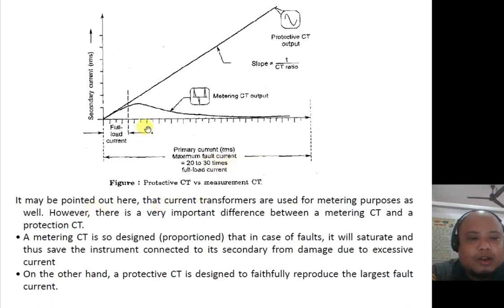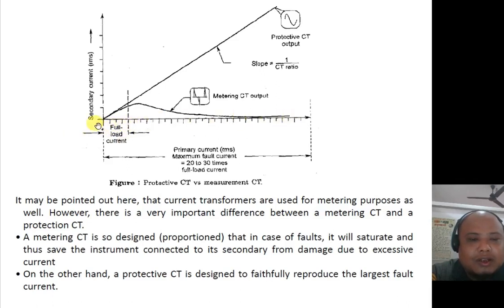Okay, so as you can see from the characteristic, the difference between the two: a metering CT or a measuring CT is so designed that in case of fault, it will saturate and thus save the instrument connected to its secondary from damage due to excessive current. So this is the measuring CT curve. This is the primary current.